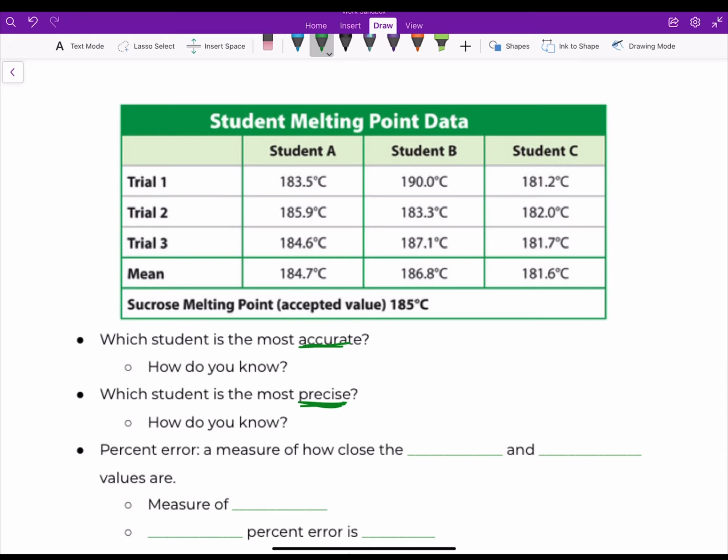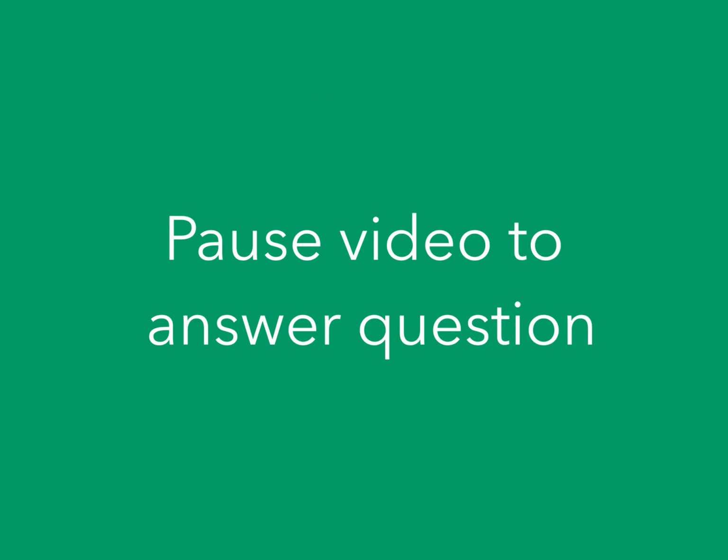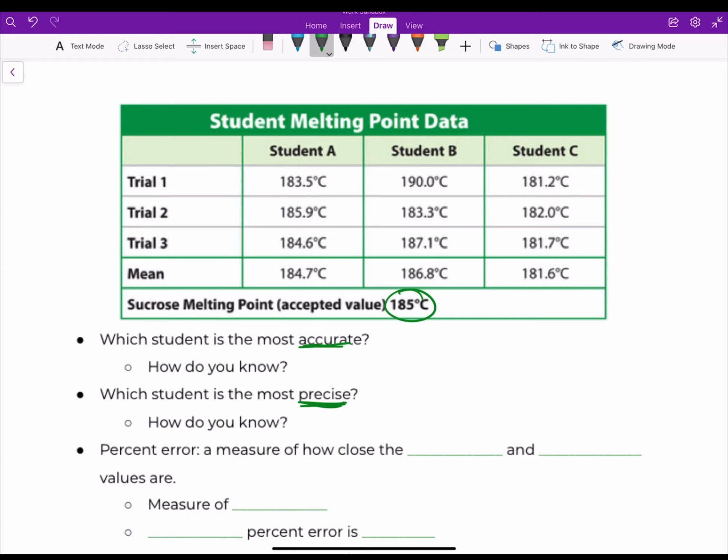So pause the video, try to figure out which student is closest to this accepted value. All right, for this one, student A is the most accurate, and it's because their average here is closest to 185. 184.7 is closer to 185 than the other two students. So how do you know? Their average is closer to the accepted value.